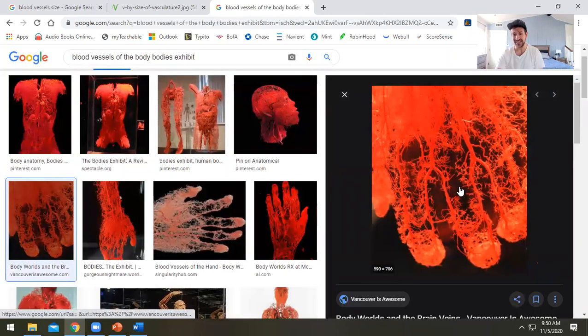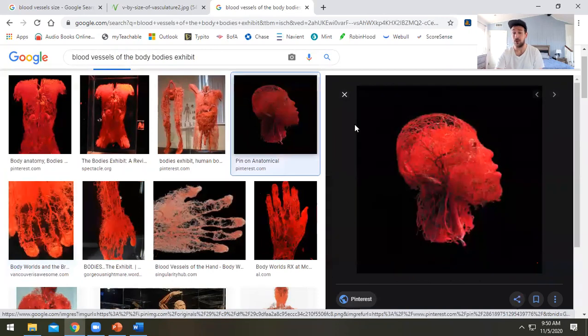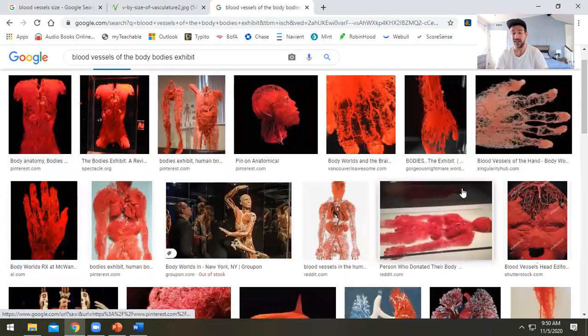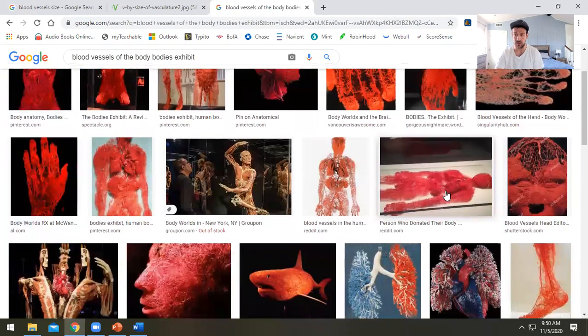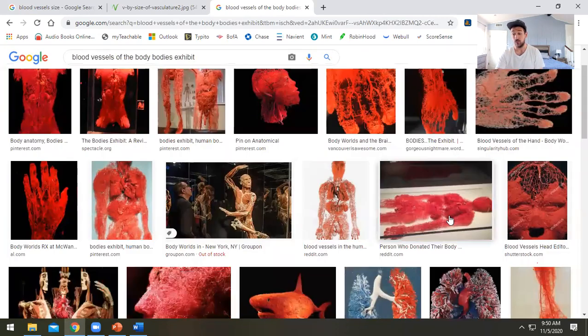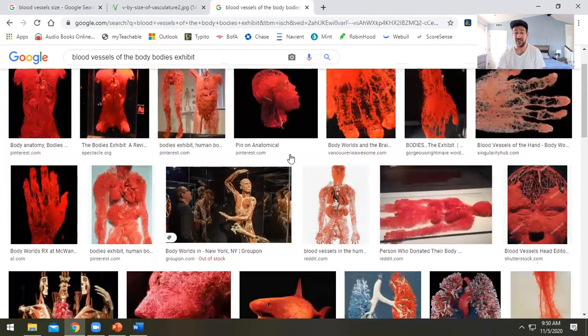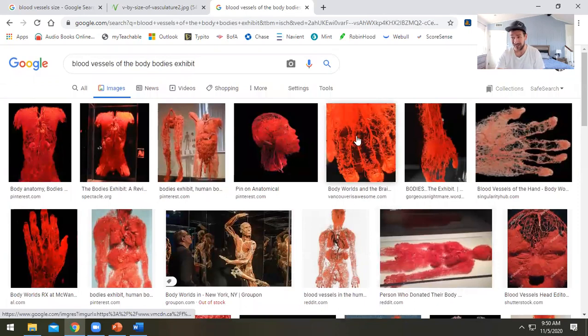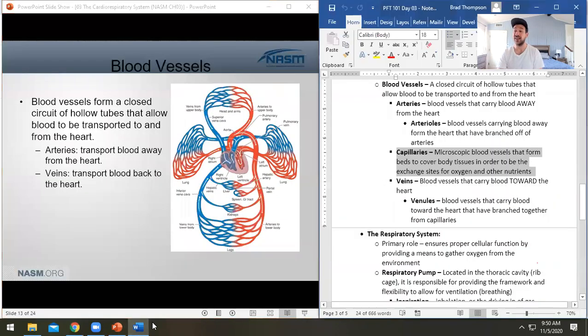And this isn't even accurate because these are people that created these blood vessels. A lot of these things are so small, guys, you can't actually see them. They are microscopic in size. So the ones that you're seeing in these diagrams are actually the big ones. So they cover your tissues like crazy.